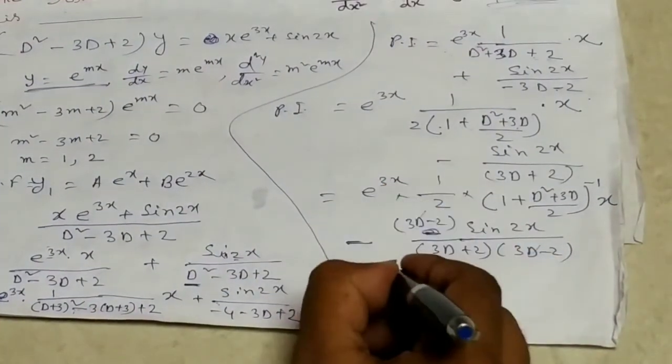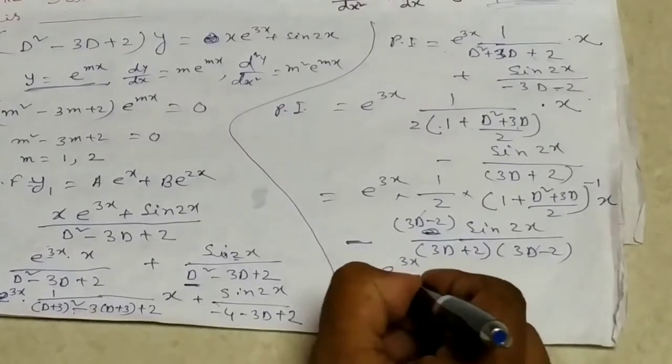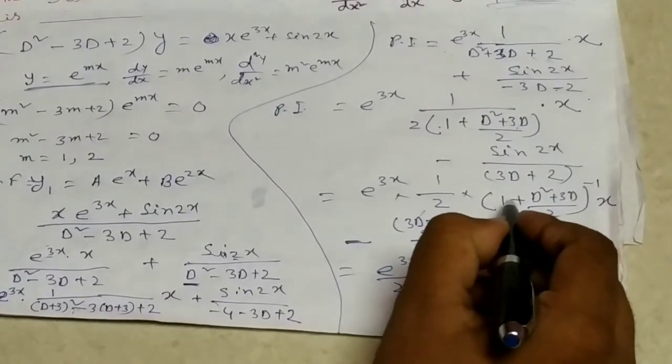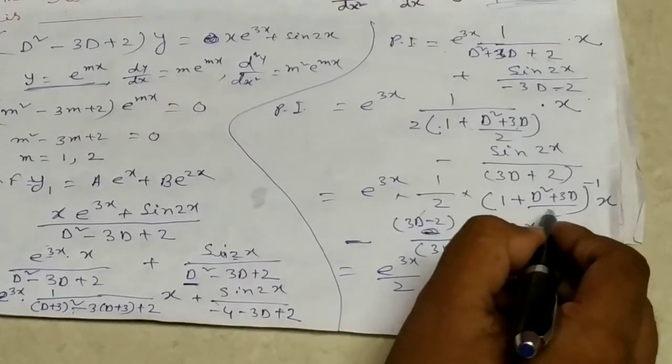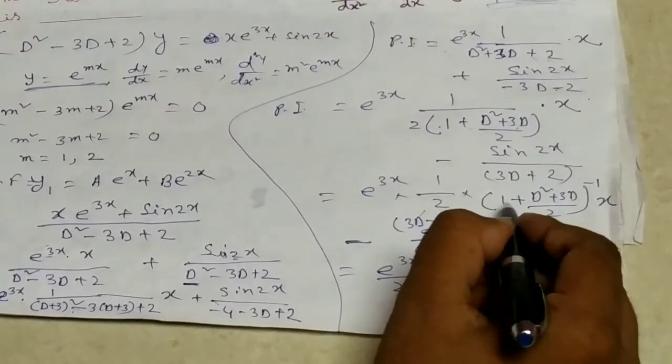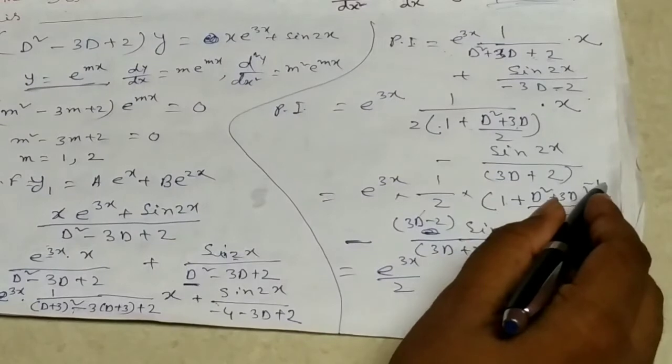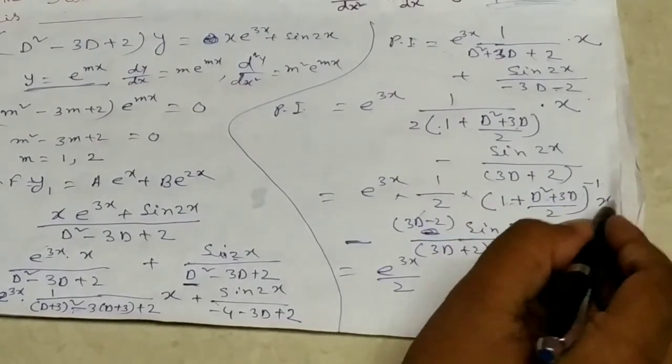So e^(3x) divided by 2, if we expand it using binomial expansion, (1 + x)^(-1) is 1 - x + x², like that.